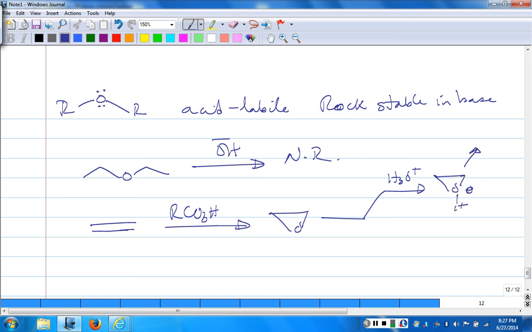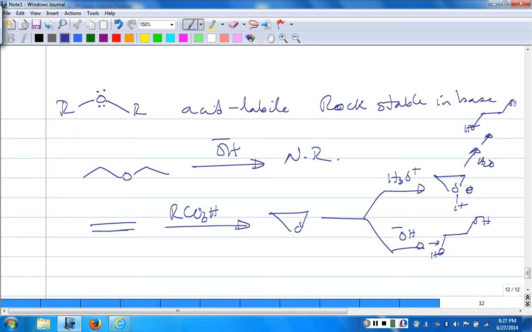And then a water attacks, right? And you end up with your diol, right? That was one. But we said we could open the ring under basic conditions. We had hydroxide attack, right? And if we have water in the system, so I'm going to do a second arrow, and all that means is you just get a protonation. I make that as my product.